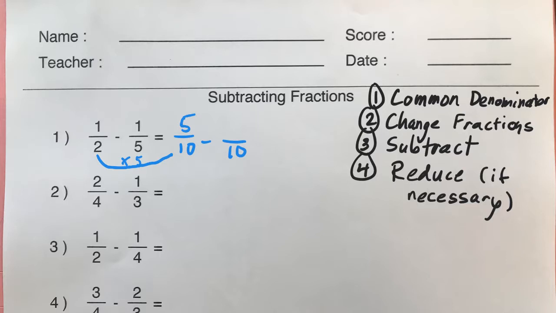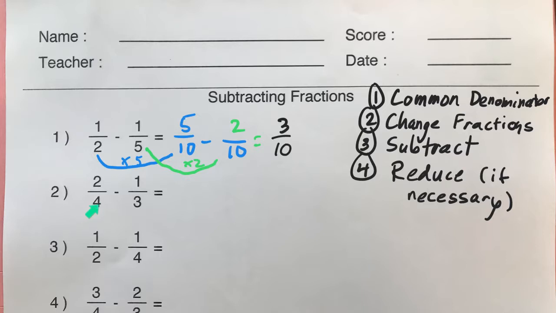What about 1/5? How do I change that to tenths? Well, that's going to be times 2. So 1 times 2 is 2. And there I go. And now I can do step 3, subtract. 5/10 minus 2/10 gives me 3/10. And I cannot reduce that any further, so that's finished.